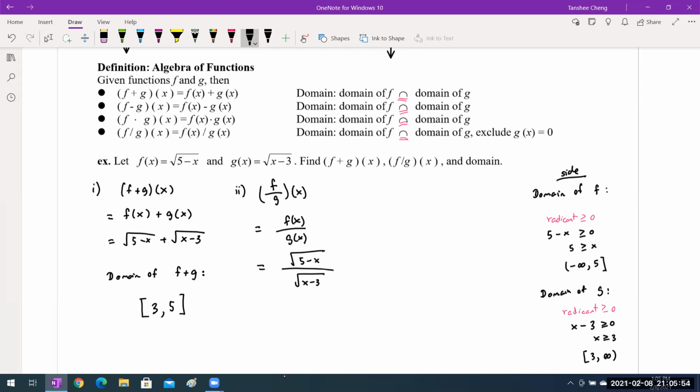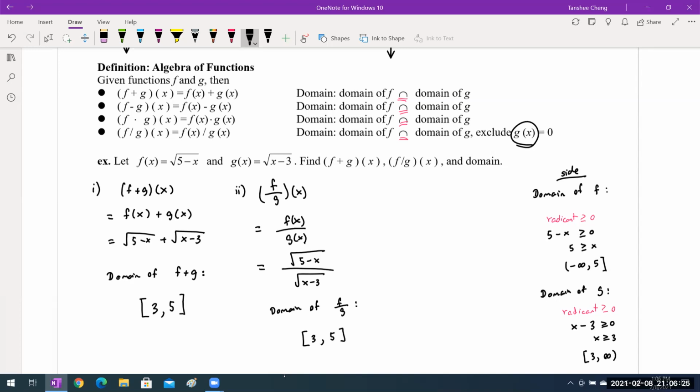So when we are trying to find the domain of f divided by g, this quotient, similarly, we need to talk about the intersection of the two, which is between 3 and 5. However, one extra thing that we need to consider is the denominator.